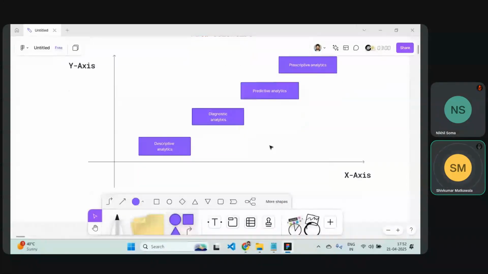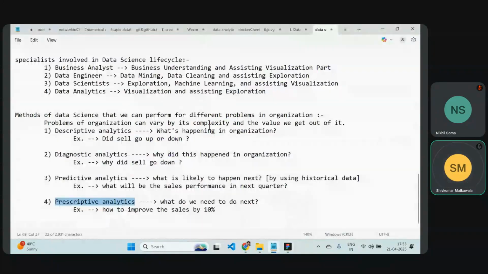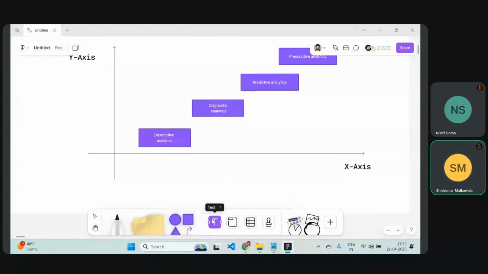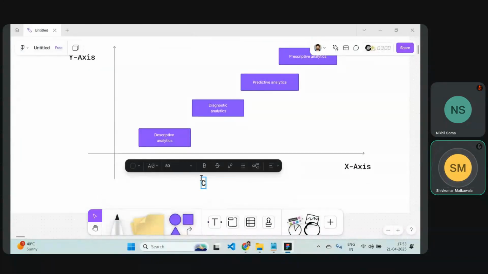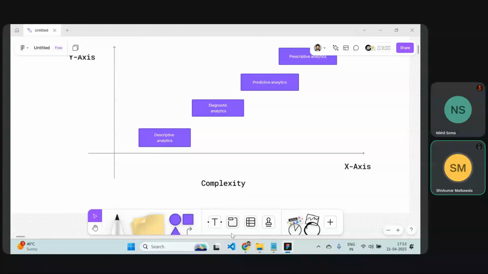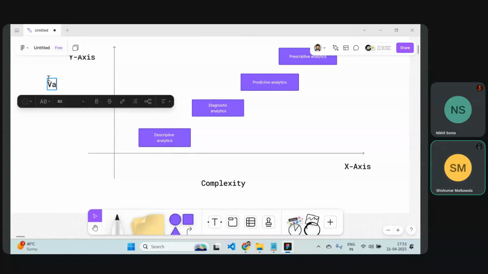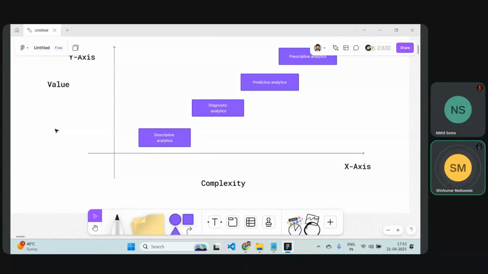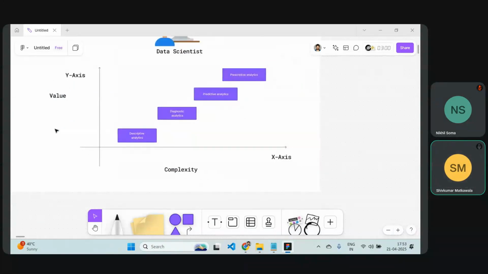So I said these are the X and Y axes. Here we have complexity and value. On the X axis we have complexity. If the complexity increases, the value also will increase. So these are the different methodologies in data science to get answers to your questions to improve your business.